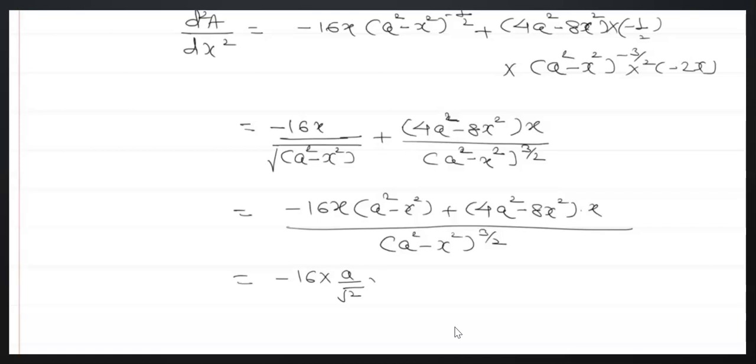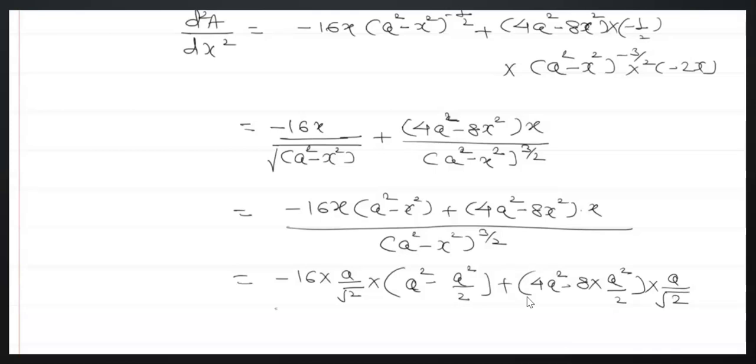If we substitute x is equal to a upon root 2, the value of x square is a square upon 2, plus 4a square minus 8 into a square upon 2 into a upon root 2.